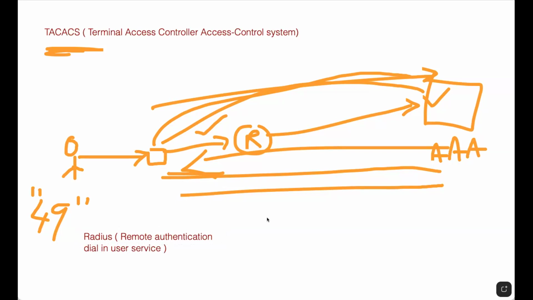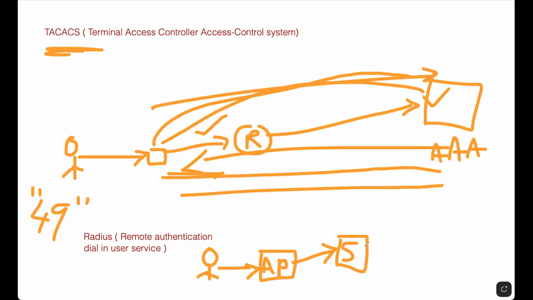For example, let's say there is a wireless user. This wireless user is connected to an access point, the access point is connected to the switch, the switch is connected to a router, and the router is connected to a AAA server.